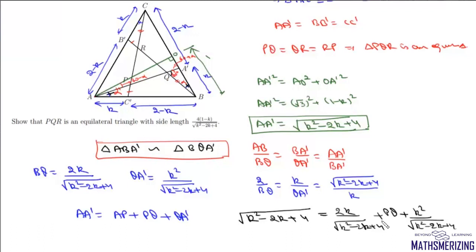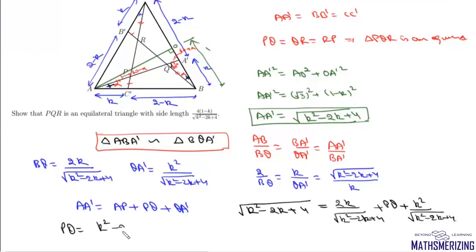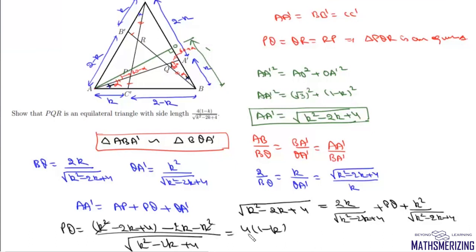So we'll take everything on the left hand side. We can simply write this PQ as k square minus 2k plus 4 minus 2k minus k square, upon under root of k square minus 2k plus 4. So k square will cancel, and we'll get 4 minus 4k, which is 4(1 minus k) upon under root of k square minus 2k plus 4. So we have proved that it is an equilateral triangle and its side length is 4(1 minus k) upon under root of k square minus 2k plus 4.